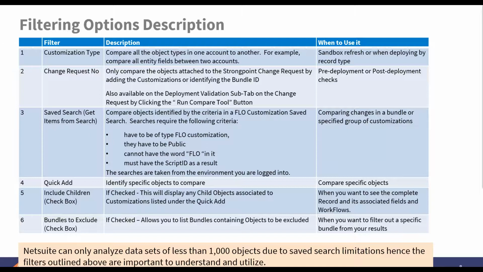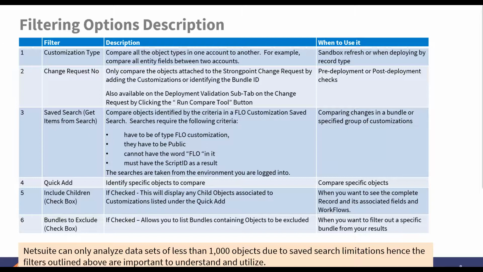The other thing is quick add. So if you have sporadic objects that you want to compare, let's say you have 5 workflows, 10 body fields, and a number of scripts, you can use the quick add feature to directly add these to the environment comparison request. So whenever you run the comparison, it will only run it based on the objects that you have under the quick add option.